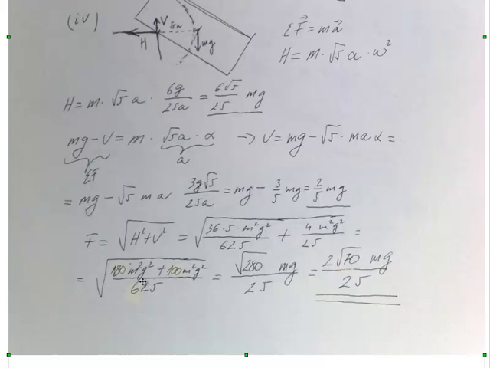The common denominator is 625, so we multiply by this numerator 25, we get this, and 180 plus 100 is 280, square root of 280, and m times g over 25, and this is equal to 4 times 70, and square root of 4 is 2, so we get this equation.